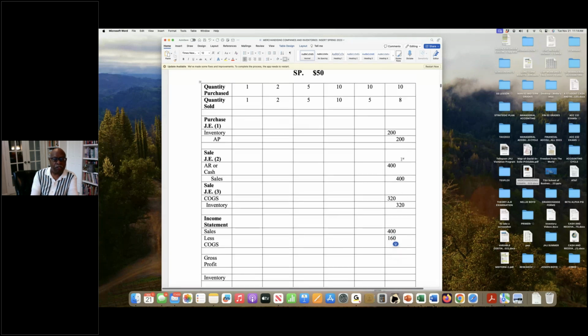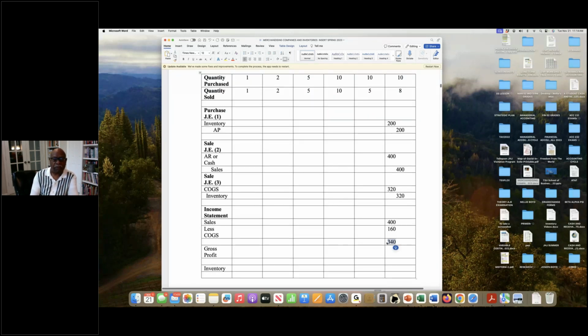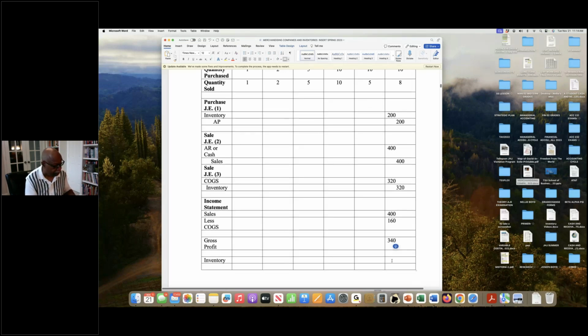And so our gross profit then, and I'm always looking for the gross profit, would be 340. Move that down. And we have left in inventory 2 at 20.